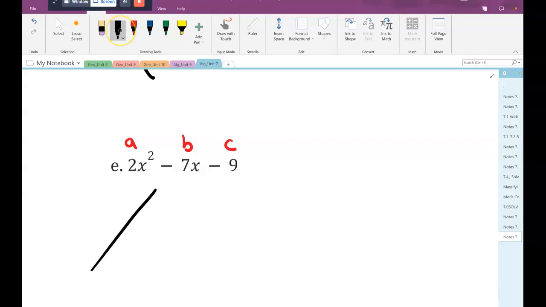So if we set up our X, we have to take our A times our C term now. So we have to take 2 times negative 9. So that's negative 18. And on the bottom, it's negative 7. So this is where it benefits you to commit some of these to memory.